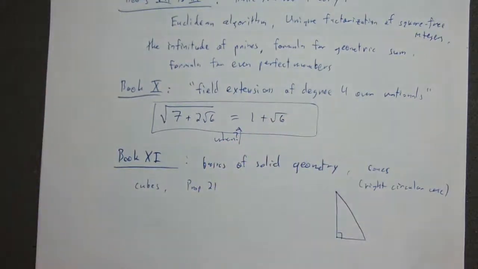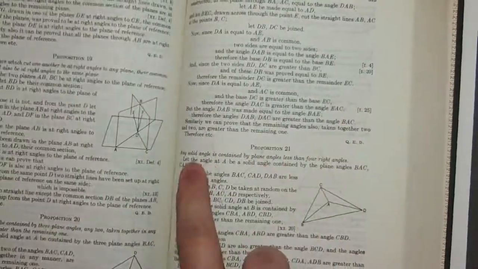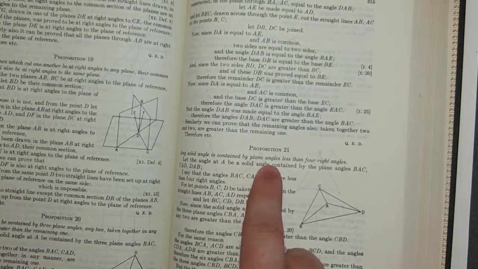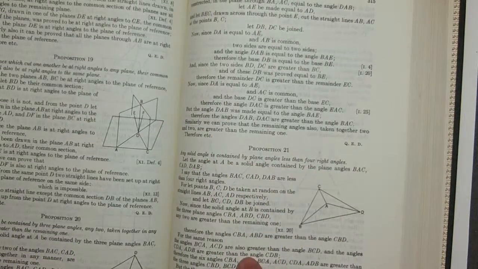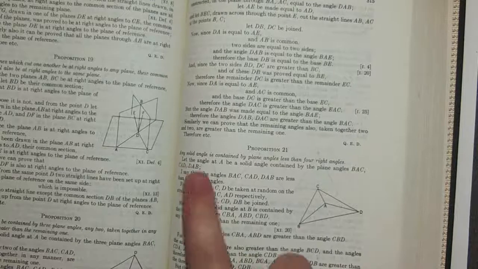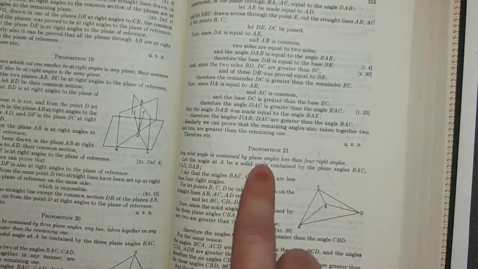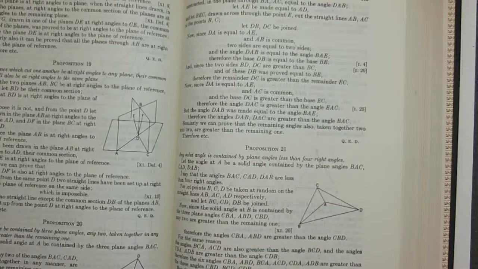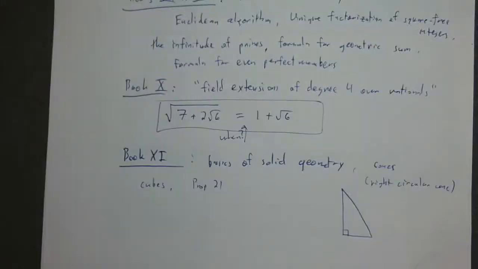So if we go to Prop 21 in Book 11, let's read that really quickly. Any solid angle is contained by plane angles less than 4 right angles. What does that mean? Think about what that means for a second.